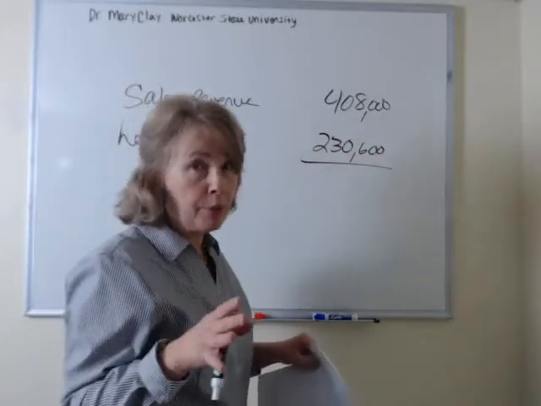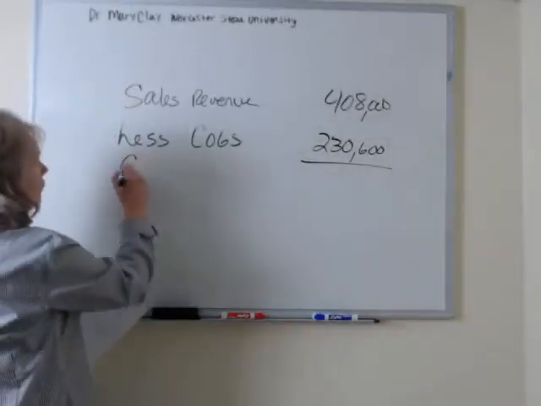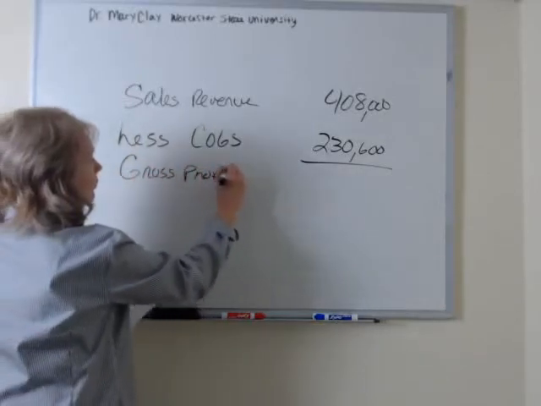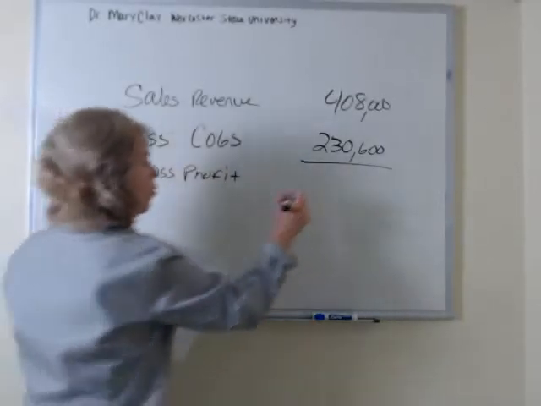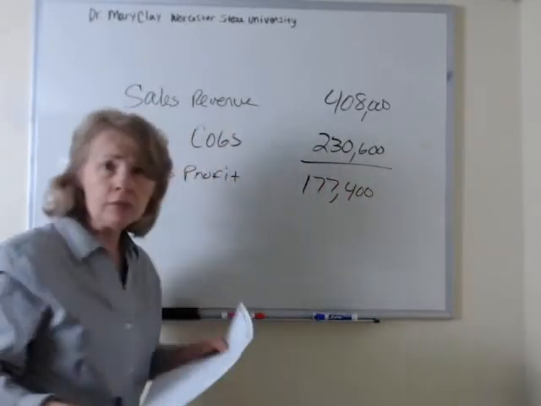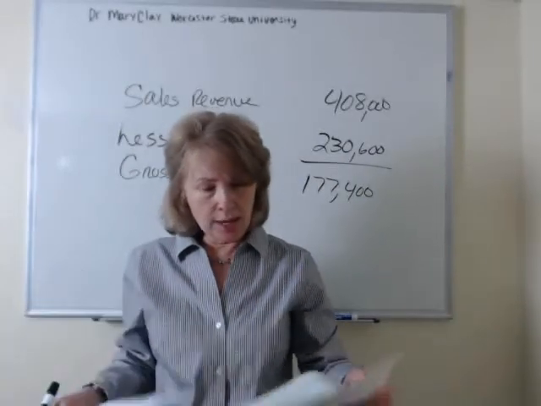Remember, two different numbers, right? So cost of goods sold. Now, we're going to figure out gross profit, which is 177,400.